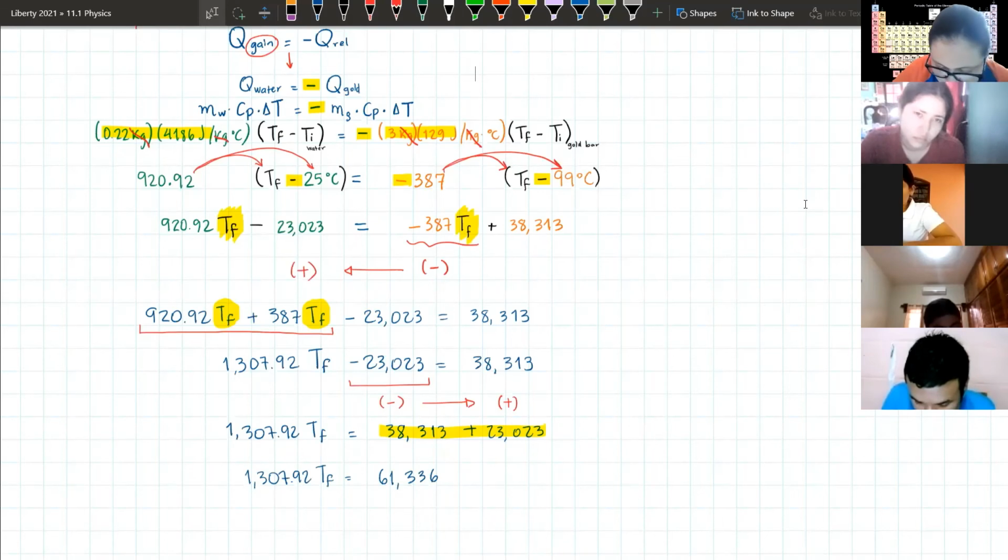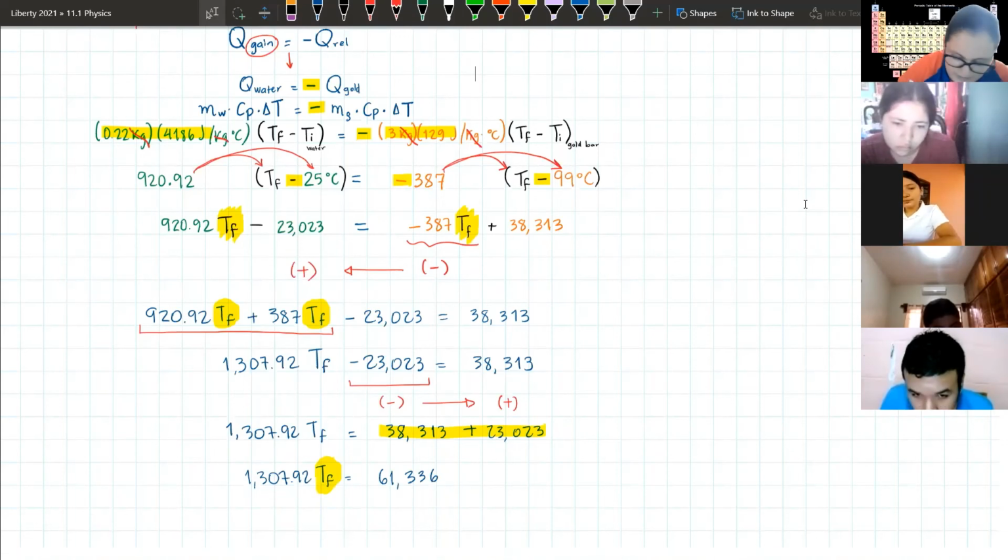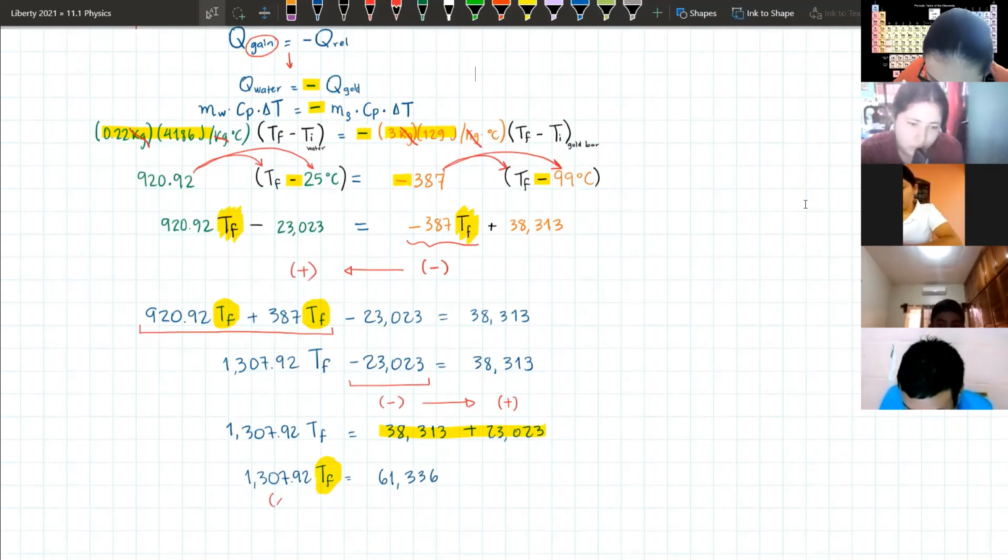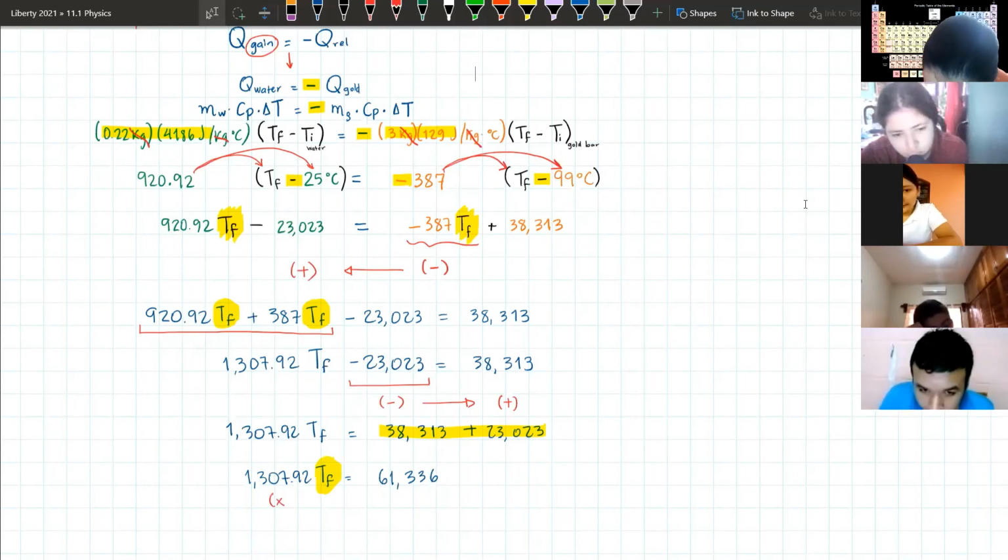And now, remember the purpose is to isolate Tf. So all this number is multiplying Tf. Okay? It is doing multiplication. So when you move it to the other side, we'll be doing a division. So you will have Tf alone equals 61,336 divided by 1,307.92.